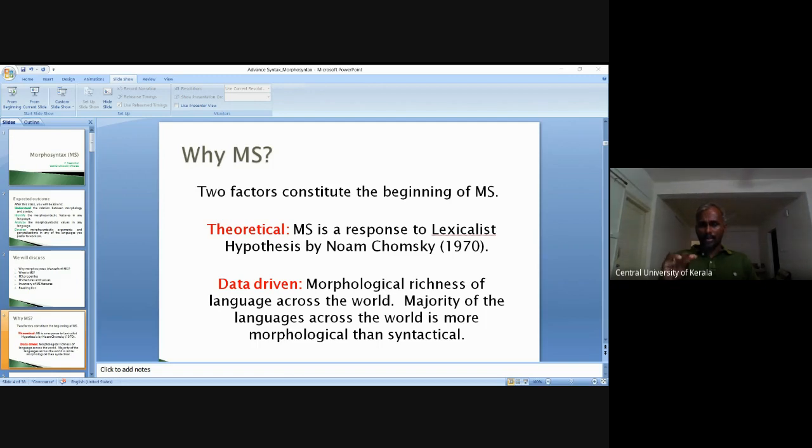Anderson 1982 argues in the article "Where is Morphology?" that the phrasal rules, that means the syntactical rules, have access to the morphology of word formation. That means morphology is an outcome of syntax. So we'll see one by one what this argument is.